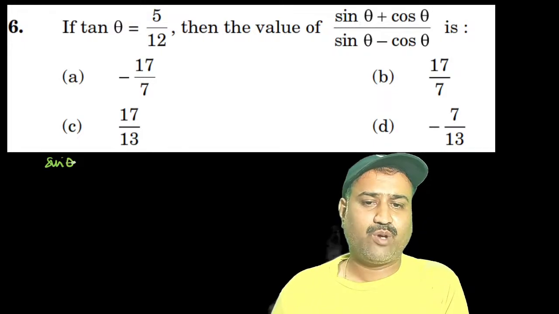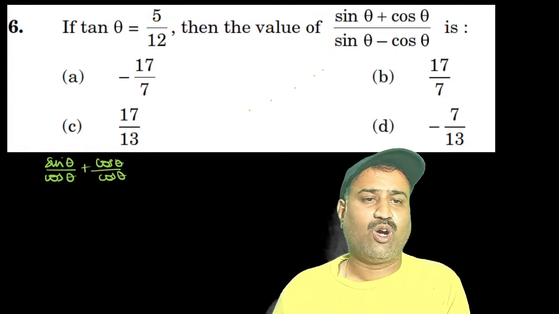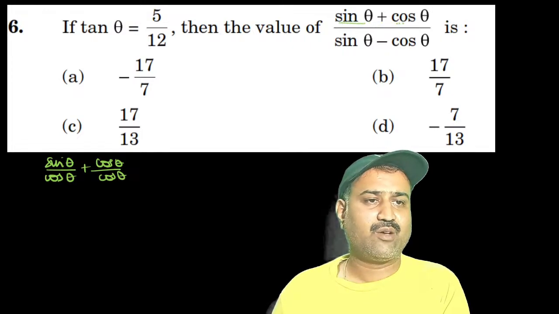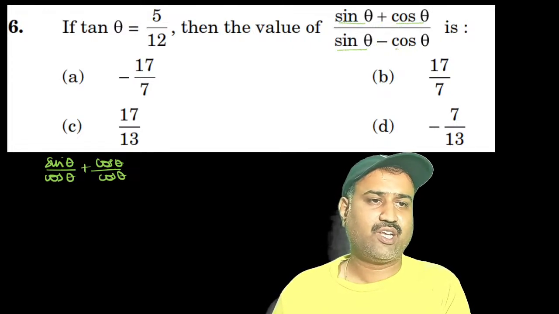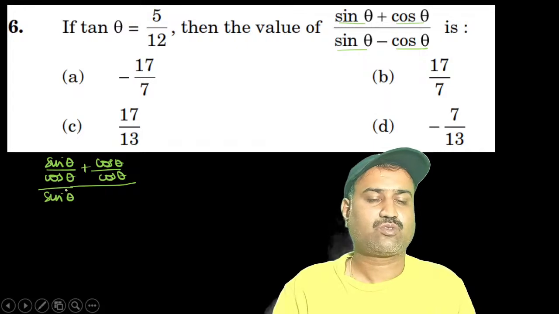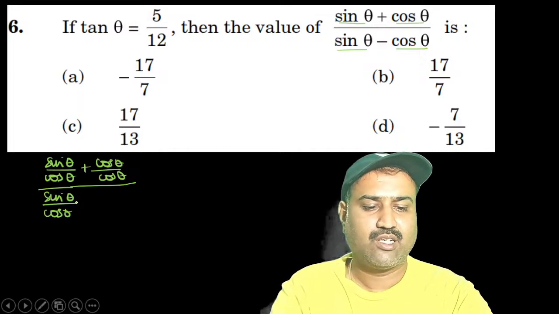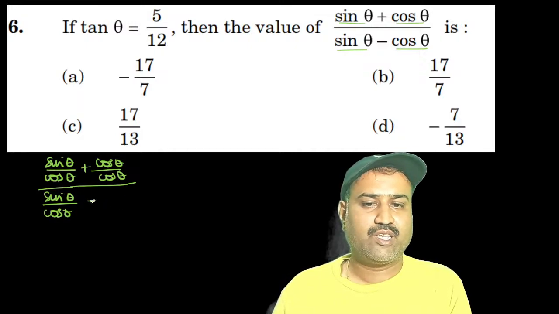Sin theta by cos theta. Why? Because sin by cos is tan. Sin theta by cos theta plus cos theta by cos theta. See here, all the terms should be divided. I divide every term by cos theta, whole divided by sin theta by cos theta minus cos theta by cos theta, right?